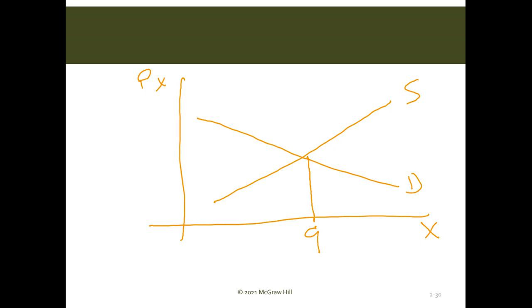So the imposition of an excise tax will shift the demand curve leftward. Why leftward? Because they have to pay taxes as well, the price of the product has gone up, and that is why they are demanding less. The whole demand curve shifts leftward or downward, because they have to consider taxes as well.